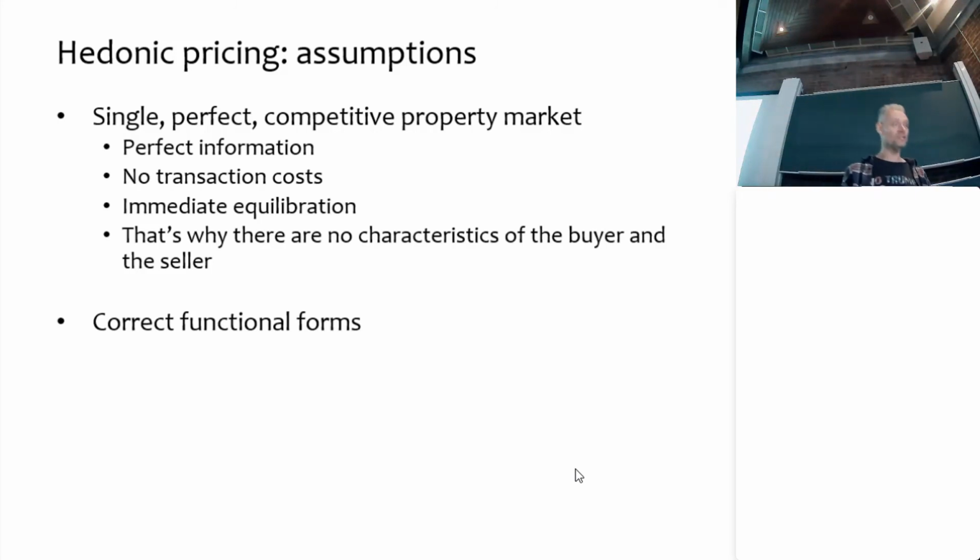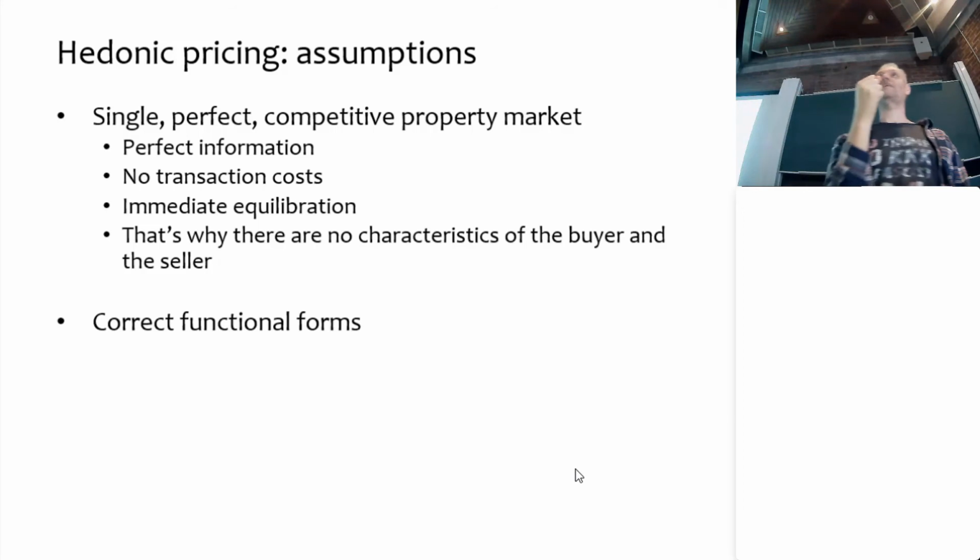So information is important. We assume that these markets are working fairly well and are also in an immediate equilibration of the markets. And because of that assumption, the only thing that you would find in a hedonic house price regression are the characteristics of the building and its environment.